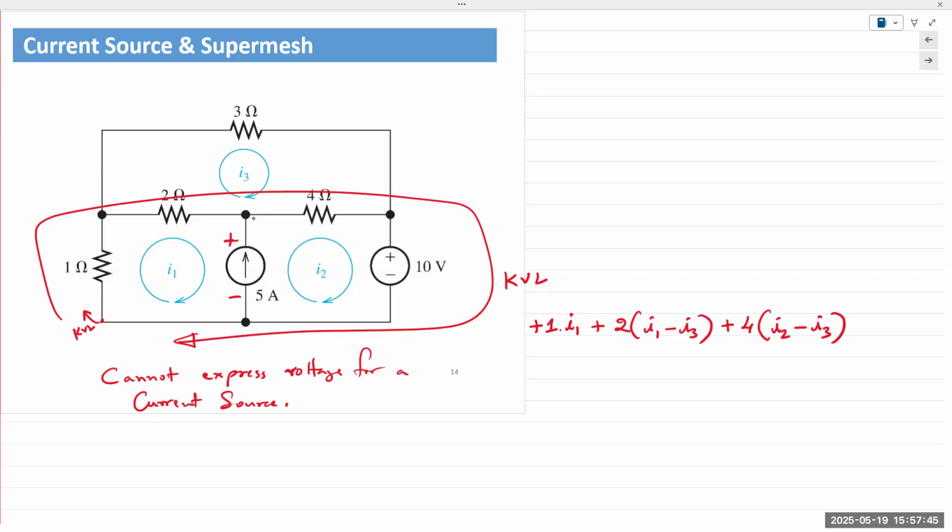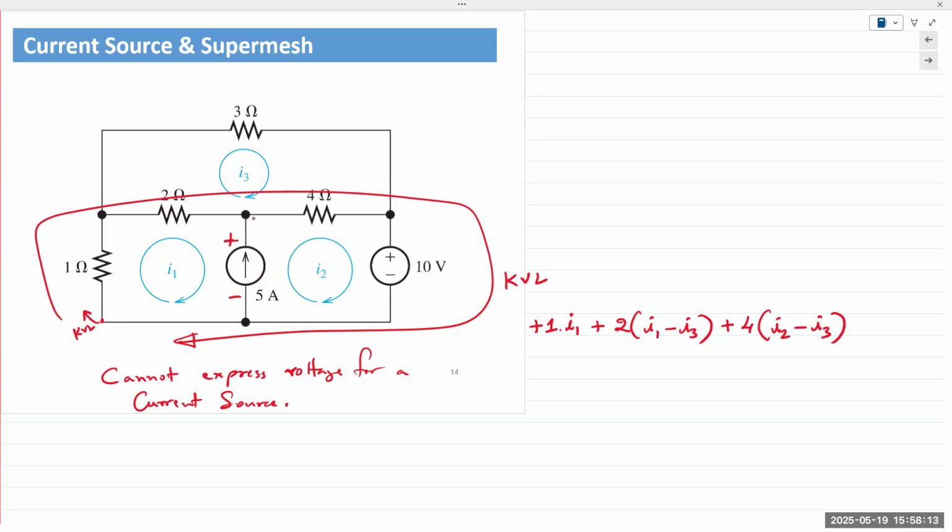All we are doing is applying simple KVL. Remember, KVL applies to any electrical loop, whether it's a simple loop like a mesh or any of the complicated loops. So KVL still works. But because we are using mesh current analysis, we have to take the corresponding mesh currents into account.